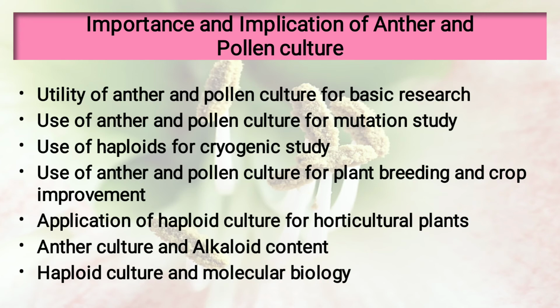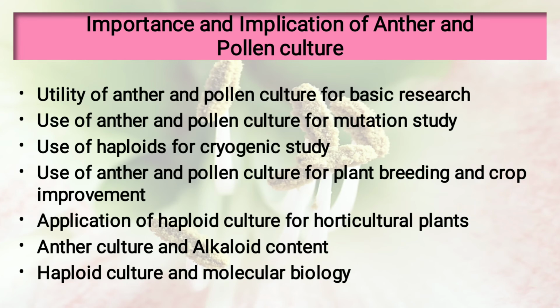Then the third one is the use of haploids for the cryogenic study. The cryopreservation of haploid cells, pollen embryos, and haploid meristem tips at a super low temperature, meaning minus 196 degrees centigrade in liquid nitrogen, offers a novel approach for long-term preservation of genetic stability and to establish a haploid germplasm bank.